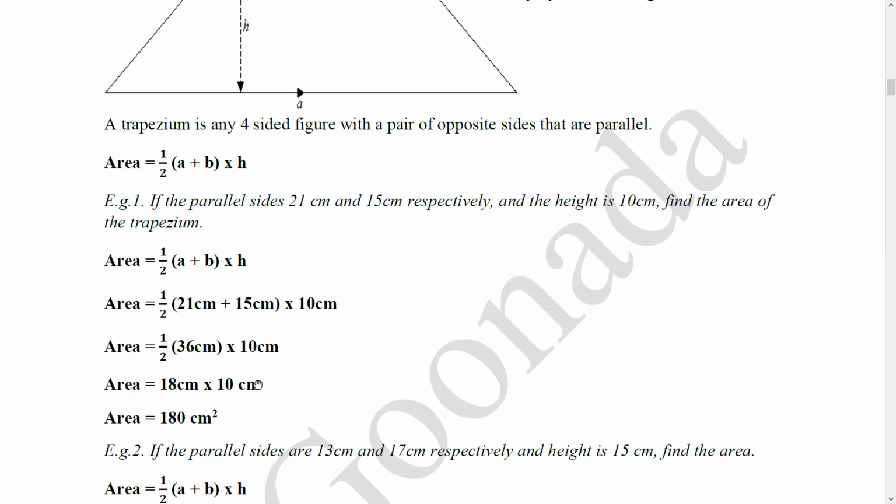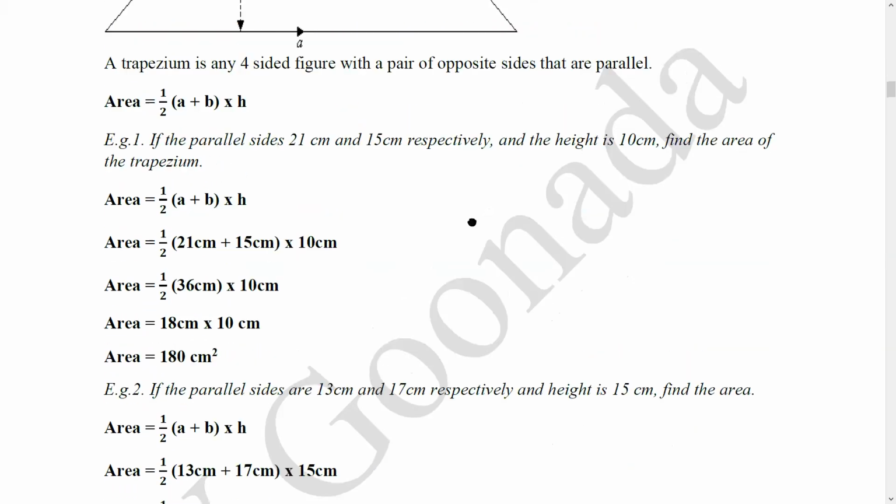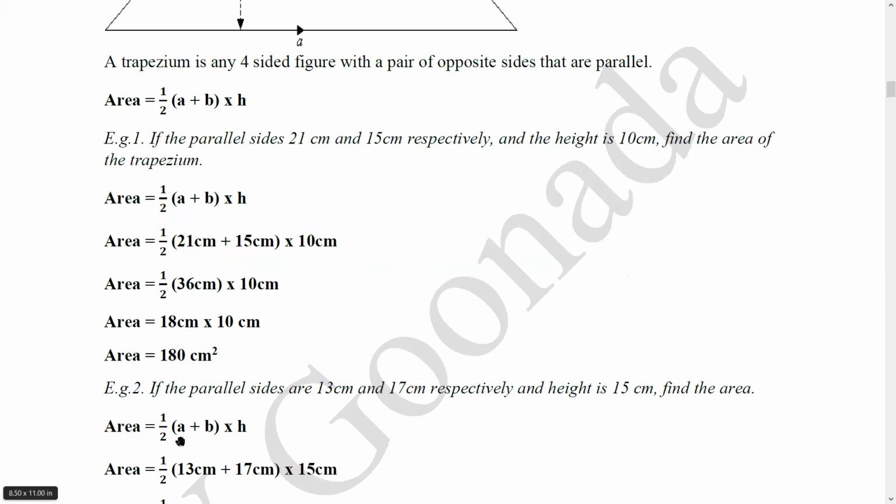So 225. Yes, correct. So let's see how we got that. So of course, it's a half of A plus B, which is 13 plus 17.